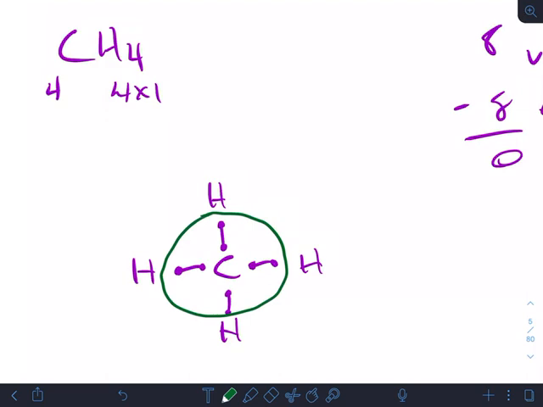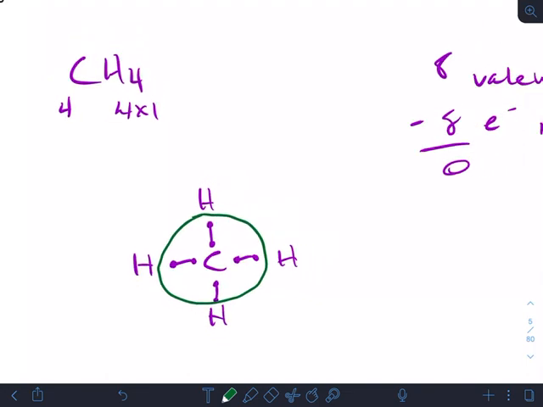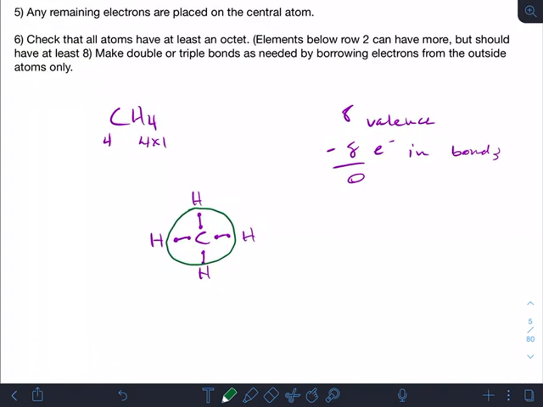I'm going to change color here real quick. Everything that carbon is connected to, we're going to focus our attention on. Inside that circle, there are 8 dots. That means that carbon has a full octet. The hydrogens are just fine because they can only hold 2.